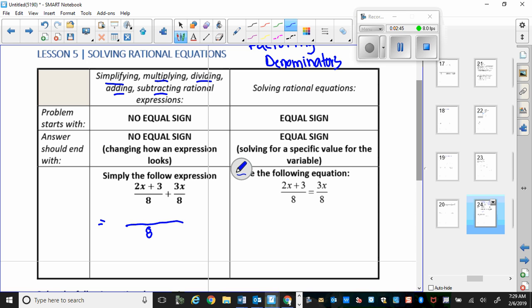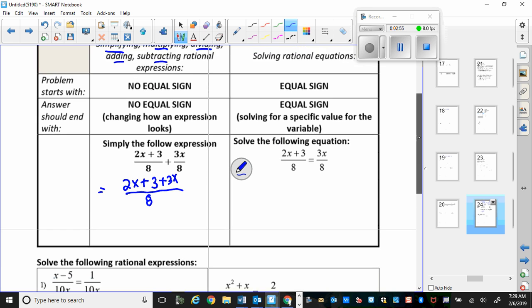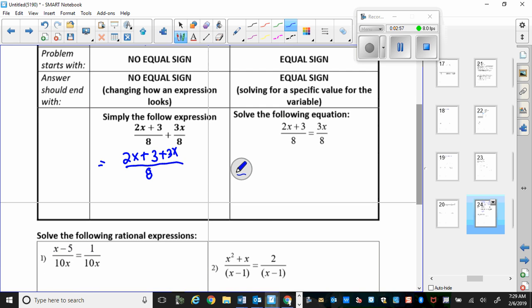But up top, we can place those numerators together, 2x plus 3 plus 3x, and then we just focus on combining like terms. Remember, I said to mark them out so we don't use them again. When I'm done, my answer is 5x plus 3 divided by 8.